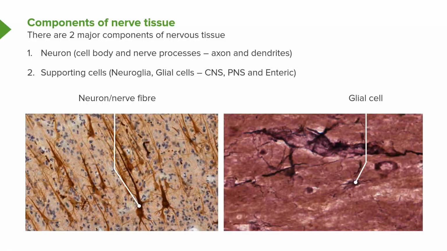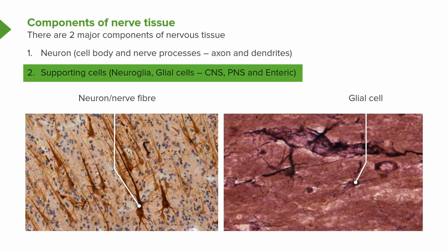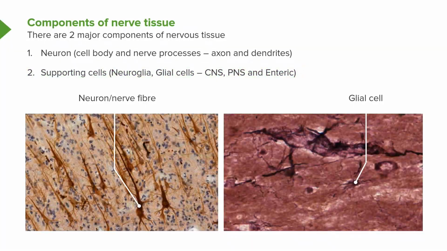As well as having neurons, throughout the nervous tissue there are supporting cells called glial cells. There are a number of different sorts of glial cells, and I'll describe these in this lecture and in the next lecture.